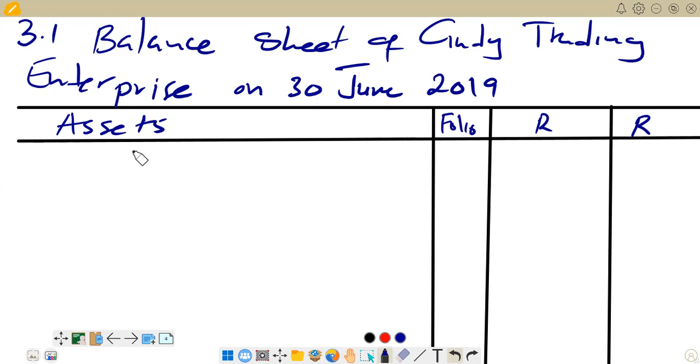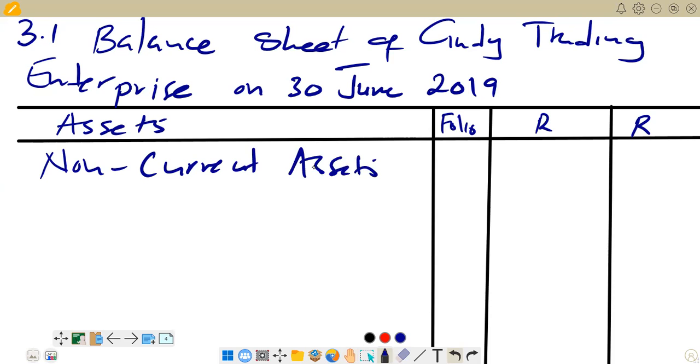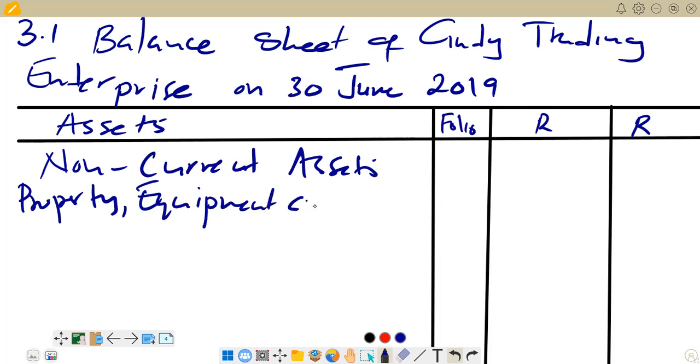So the section that we are going to start with is on non-current assets. Then for our non-current assets, remember we've got property, plant, and equipment that we prepared the note for. And then the first note is the one that is giving the calculation of that one.